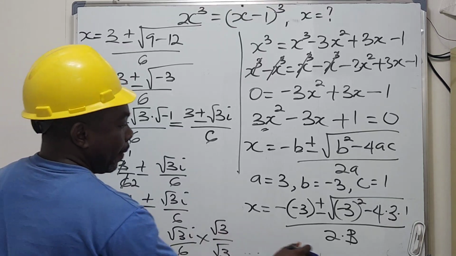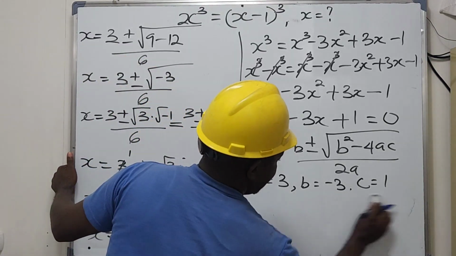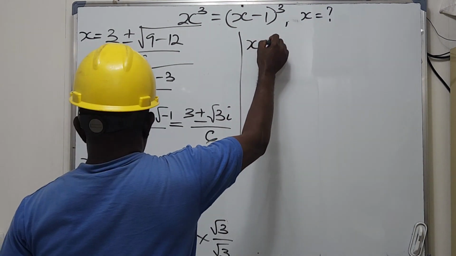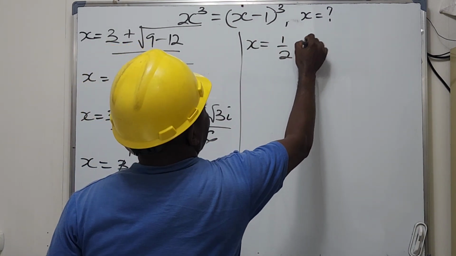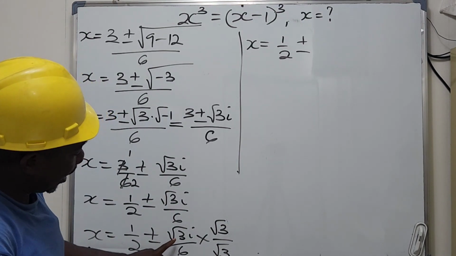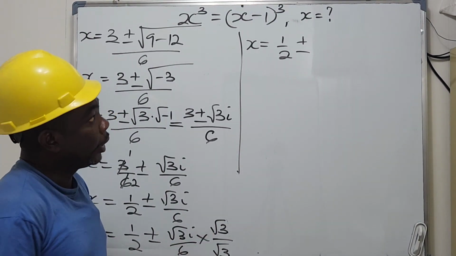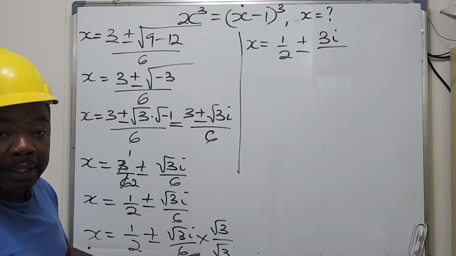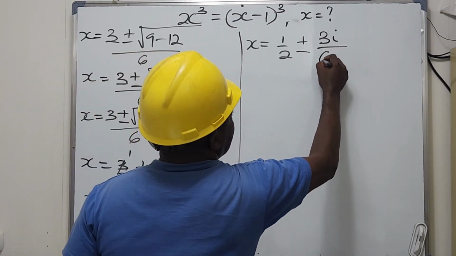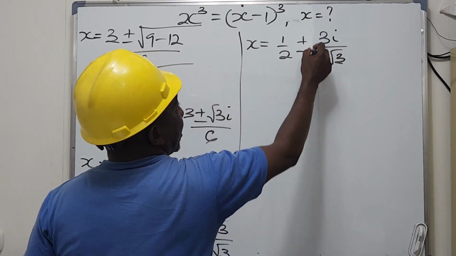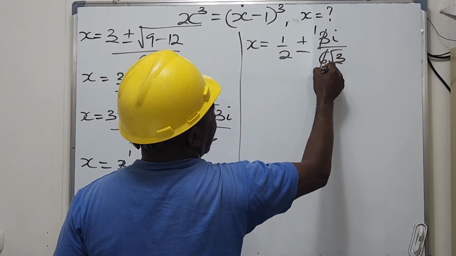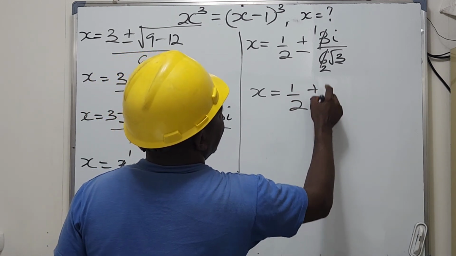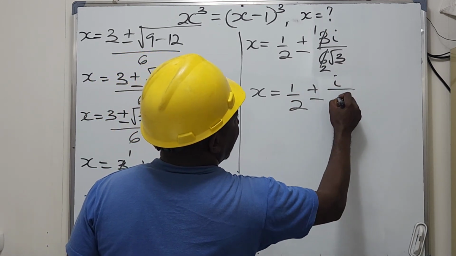By evaluating that, the value of x will become 1 over 2 plus or minus, this is the same thing as root 3i times root 3, which will give us 3i, all over 6 times root 3, which will give us 6 root 3. So here, 3 will cancel here 1 and 3 will cancel here 2. We are now left with x equals to 1 over 2 plus or minus, this will remain i over 2 root 3.